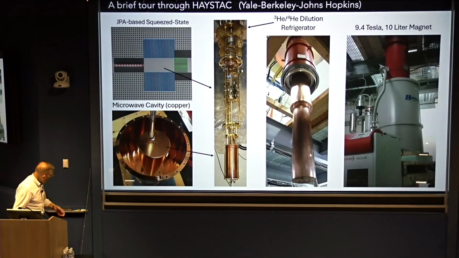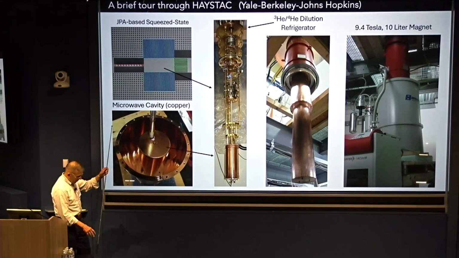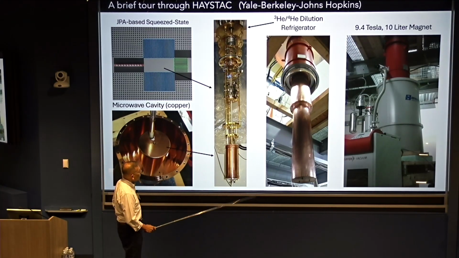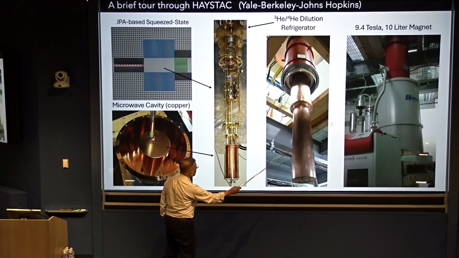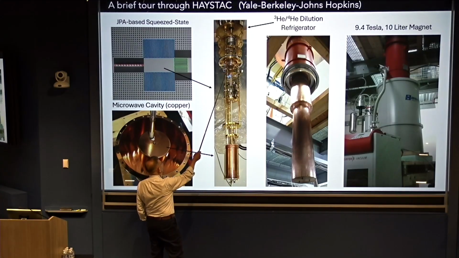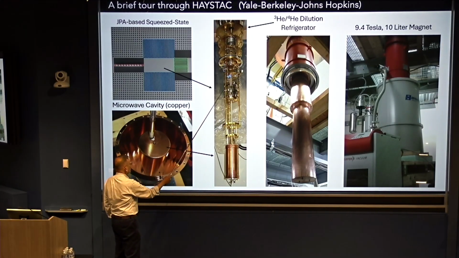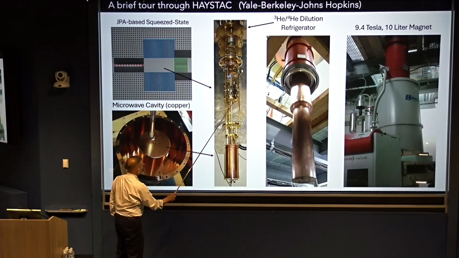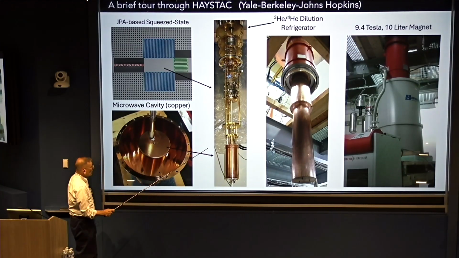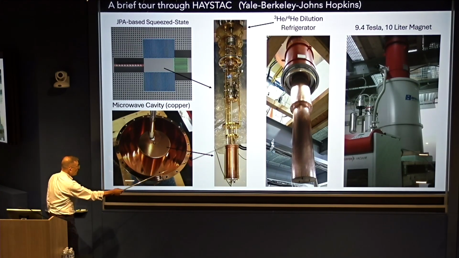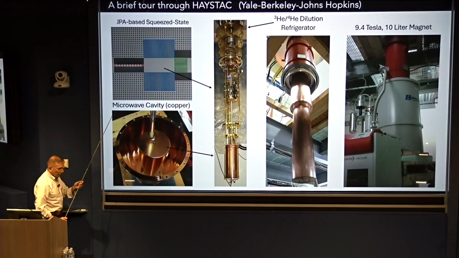Just to show you, all haloscopes have these basic 4 components: a very strong magnetic field, a dilution refrigerator to cool everything down to near absolute zero, the state-of-the-art quantum amplifiers, and a high quality factor microwave cavity like this.